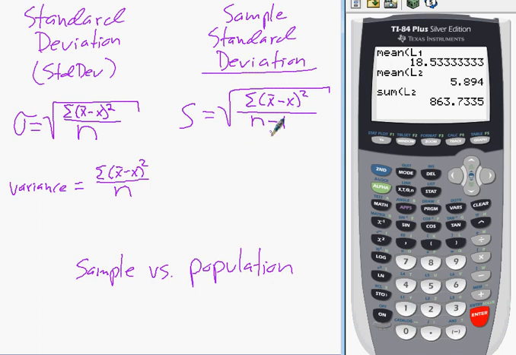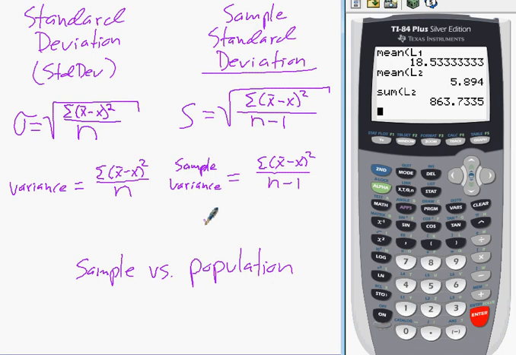And so it's, again, a little bit more conservative. And so you can have a sample variance, which would be just the inside part as well. And those are your measures of dispersion or measures of variation.